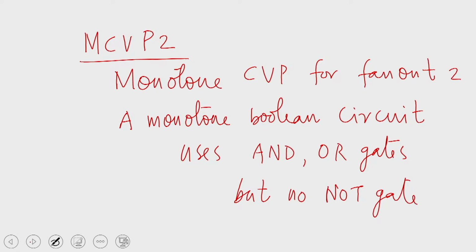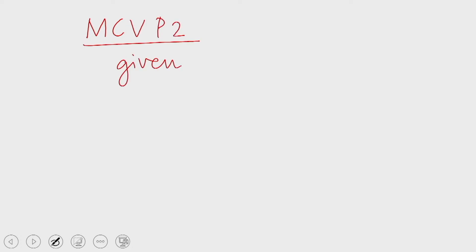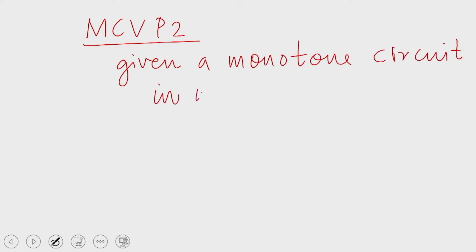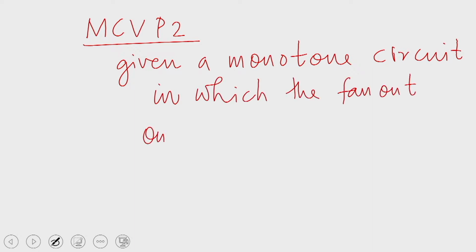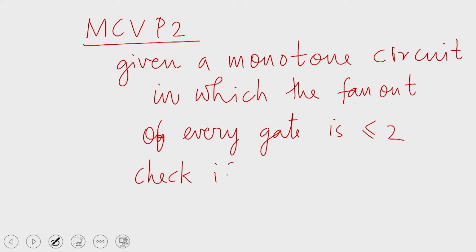So what we have to check is this: in a monotone CVP problem, an MCVP2 problem, given a monotone circuit, a circuit that uses only AND, OR gates, in which the fan out of every gate is less than or equal to 2, check if it evaluates to 1. This is the monotone CVP2 problem.